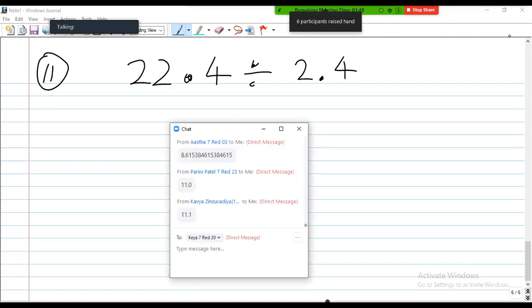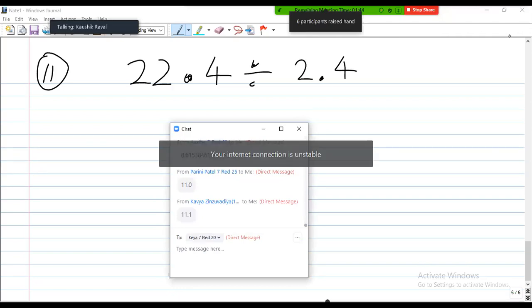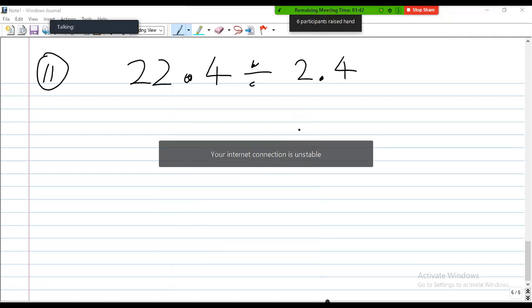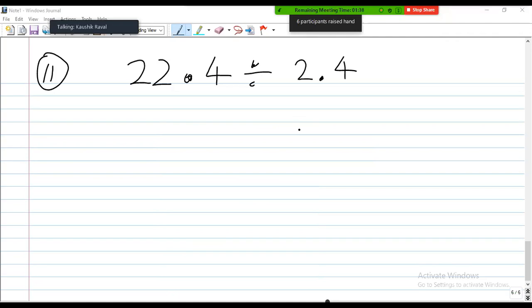Nope. Parini and Kavya, that is incorrect. What we have to do is, because they both have the decimal places in the same position, we can rule them out. So it's very simple. It's a simple division of 224 divided by 24.